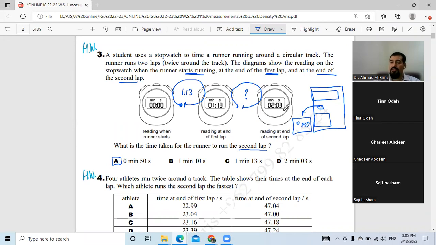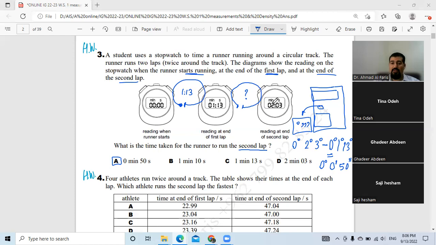I can use it to put 0 hour, 2 minutes, comma, 3 seconds, comma, minus 0 hour, comma, 1 minute, comma, and 13 seconds, comma, then I press equal. I will get 0 hour, 0 minute, and 50 seconds. This is how it looks on the screen. So this is our answer.